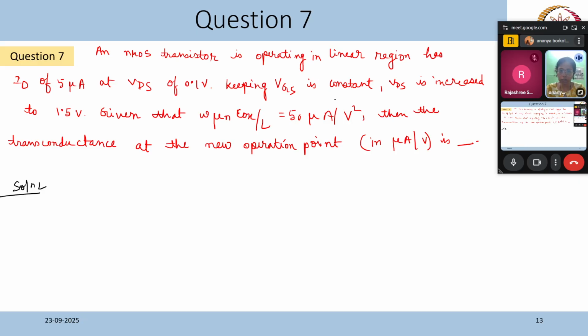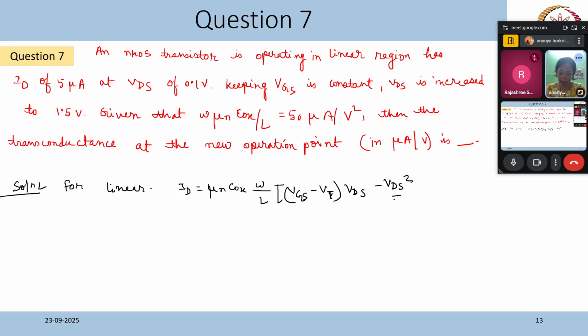So initially when it is in linear region, what is the expression for ID? ID is given as mu n Cox W by L times VGS minus VT into VDS minus VDS square by 2.